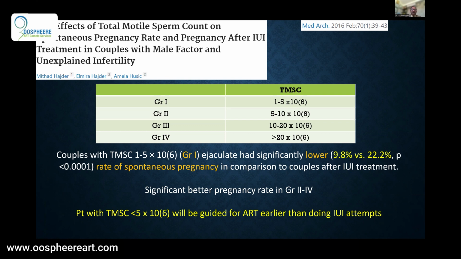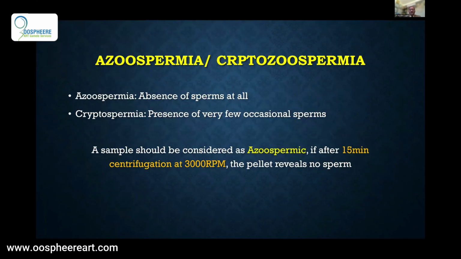And that is very important. So that 5 million cutoff or 10 million per ml cutoff is the most important. So whenever you look into the semen factor, once you diagnose male factor as per the semen analysis, the next level of parameter to judge is the total motile sperm count, and this is how you can identify.